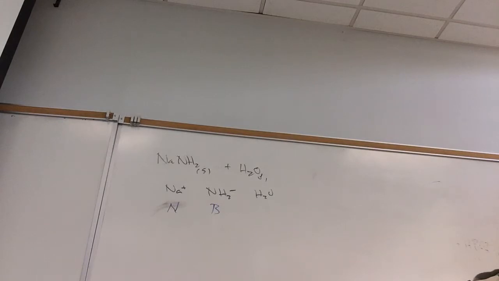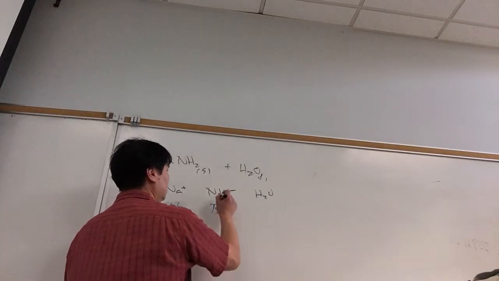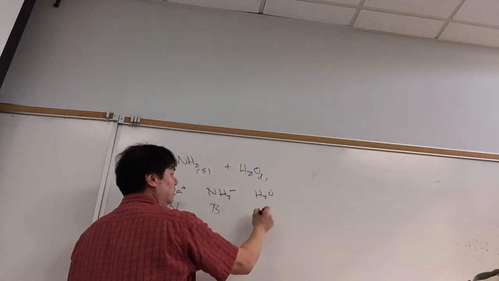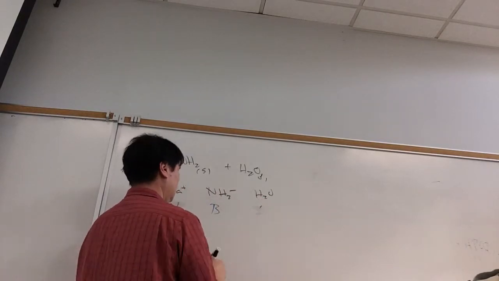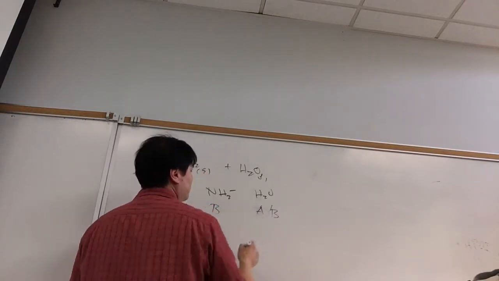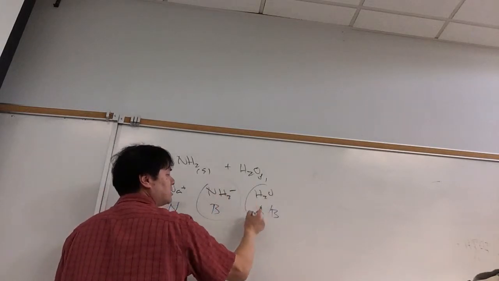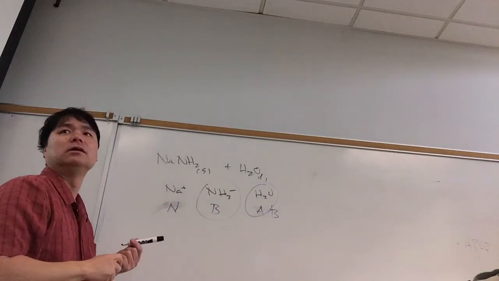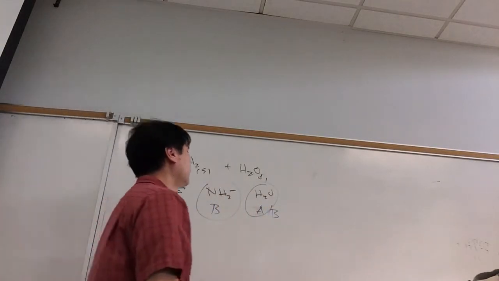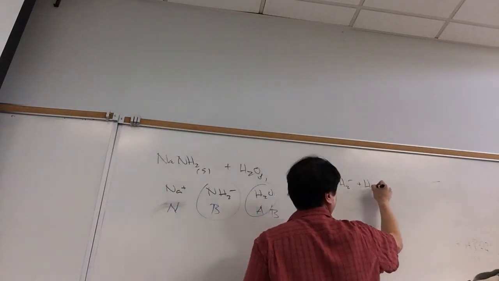I don't know who, but people want to make exotic stuff. Water, acid base. And so the strongest base present is amide, obviously. The strongest acid present is water. And so the reaction is going to be between amide and water.